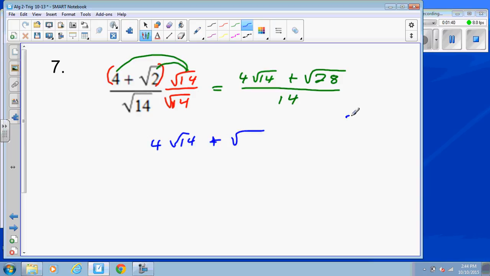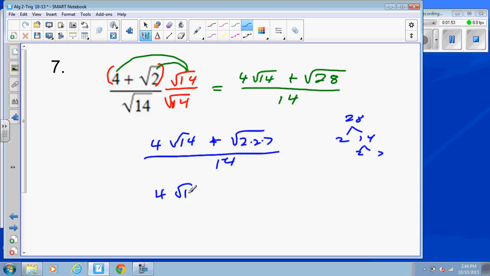If I were to break it down, that would be 2 times 14. 2 times 7, so that's going to be 2 times 2 times 7 all over 14, and that becomes 4 square root of 14 plus 2 square root of 7 over 14, because in the square root these two, one crosses off and the other one comes out.